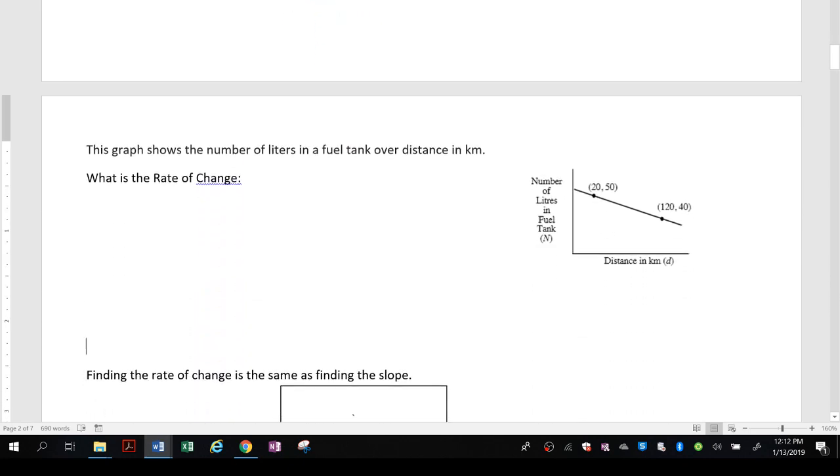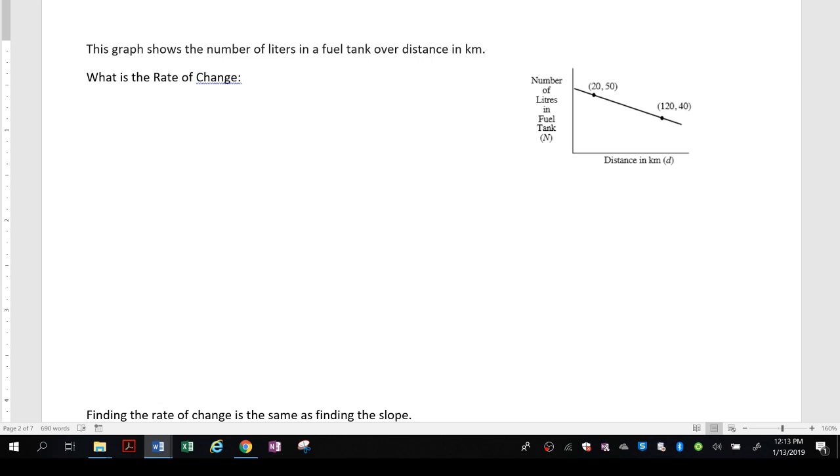In this example here, we have the liters of fuel in a fuel tank compared to the distance in kilometers. So our fuel in the fuel tank is decreasing as our kilometers driven is increasing. So let's look at our change in kilometers here. So this goes from 20 to 120.